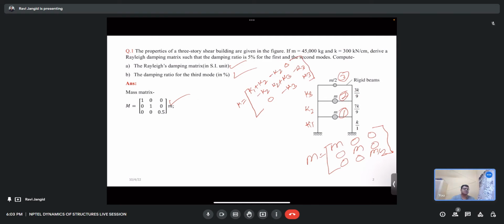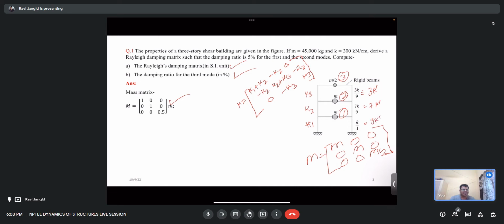This is the stiffness matrix, in which we need to put the values of k1, k2, k3. Here I will write the terms as 3k, 7k, and 9k.